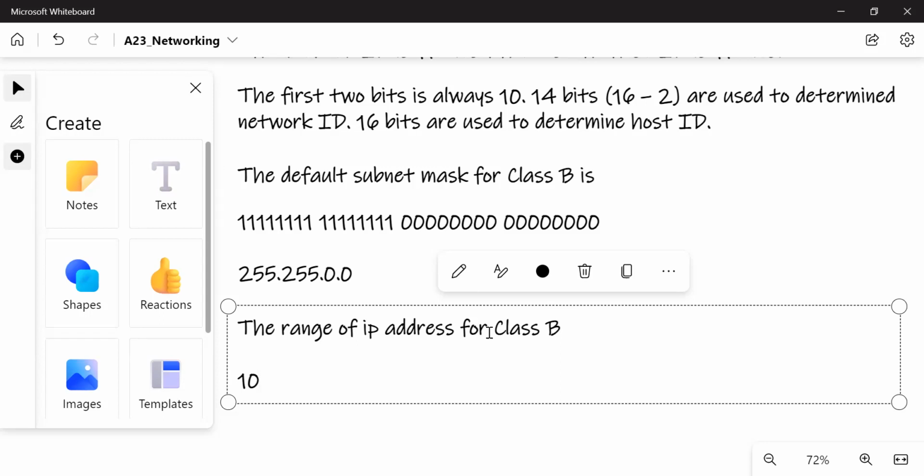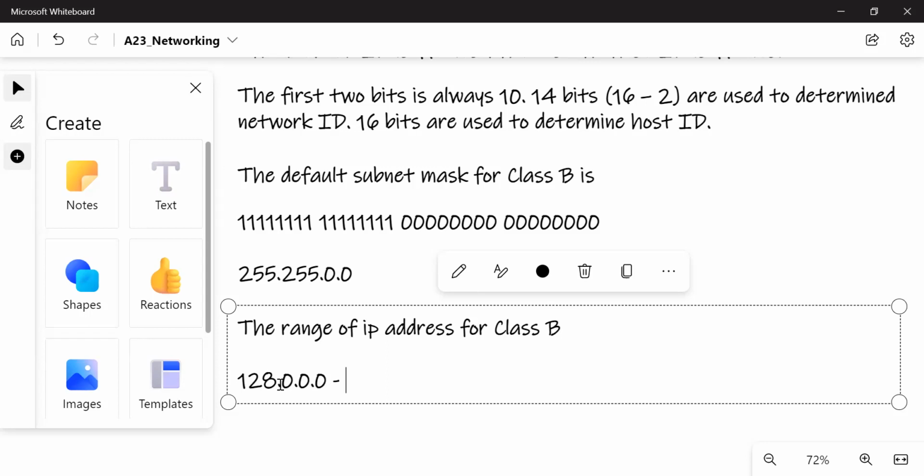So we can say that the range of IP addresses for class B, you start with 128.0.0.0.